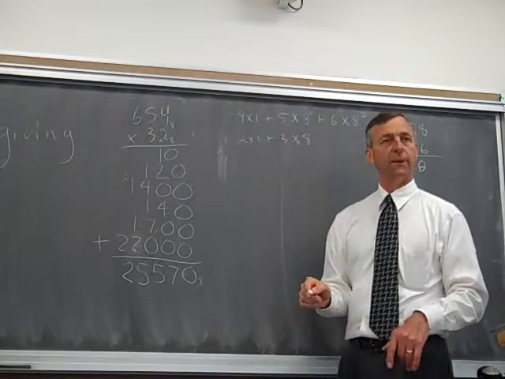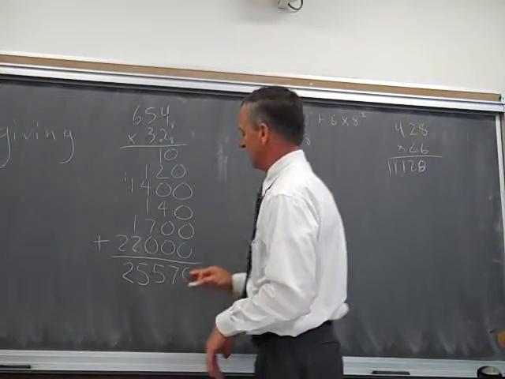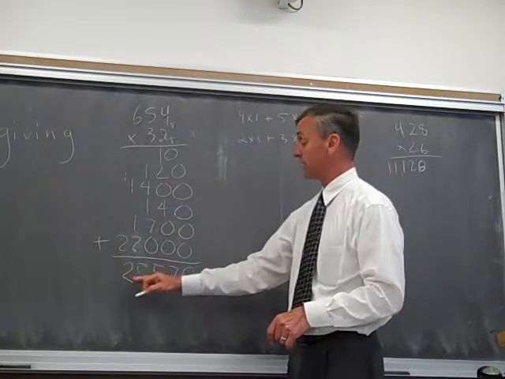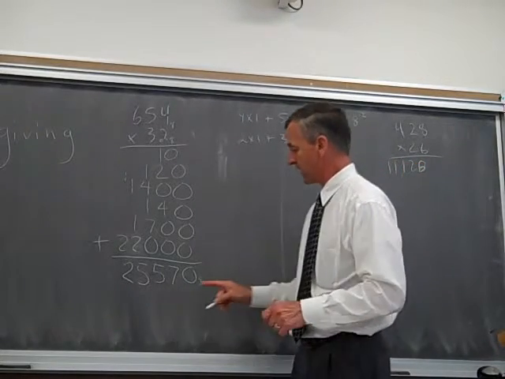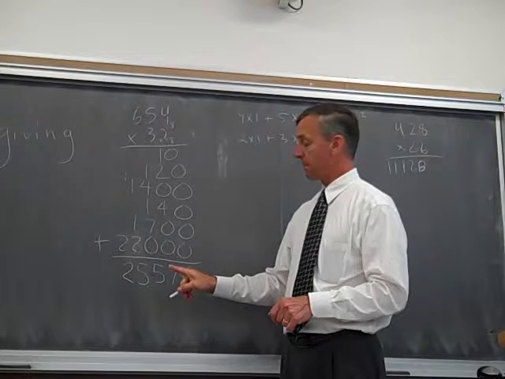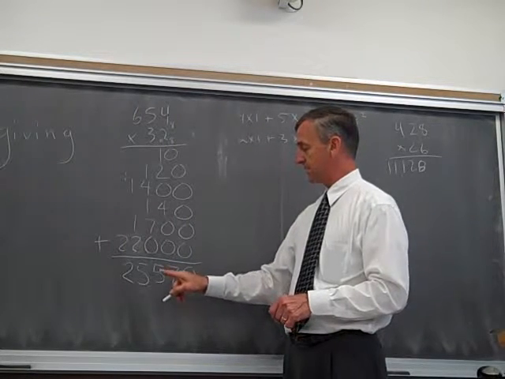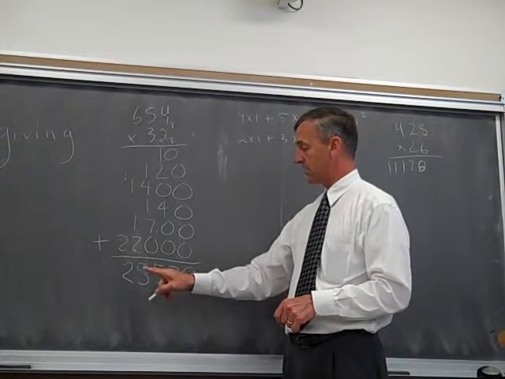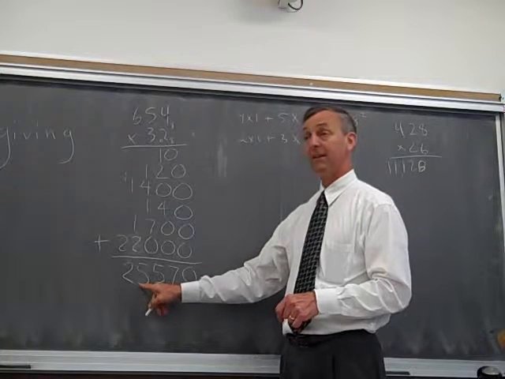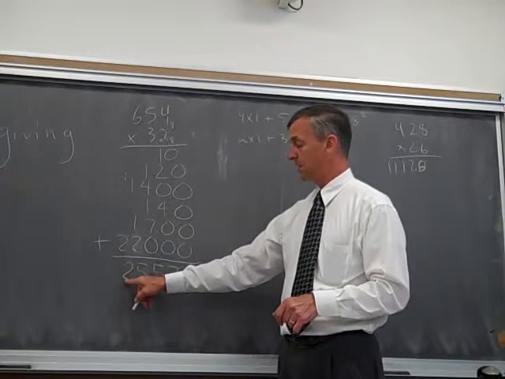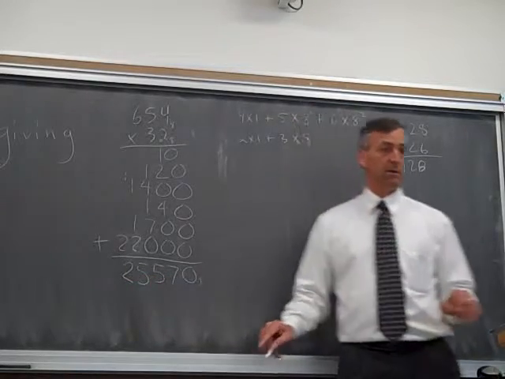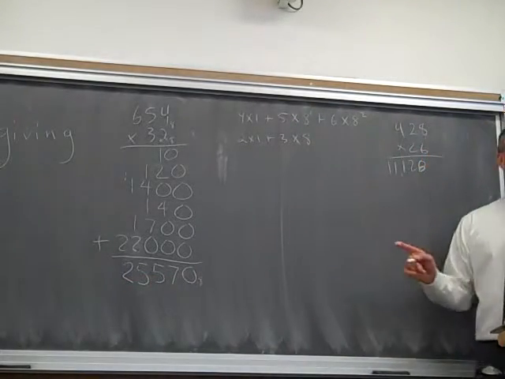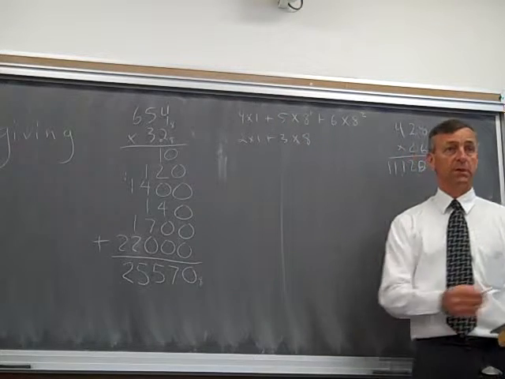Did I say 8 and write 6? Okay, now what we want to do is convert this to base 10, and hopefully it will be this answer. So we'll put 0 times 1 plus 7 times 8 plus 5 times 8 squared plus 5 times 8 cubed plus 2 times 8 to the 4th and hit enter. Do you get this answer? Then we must have done our multiplication correctly.